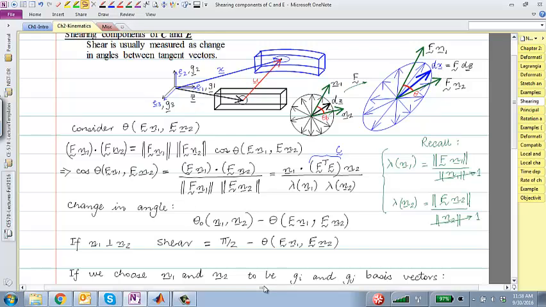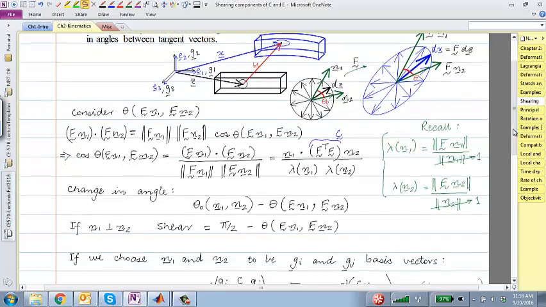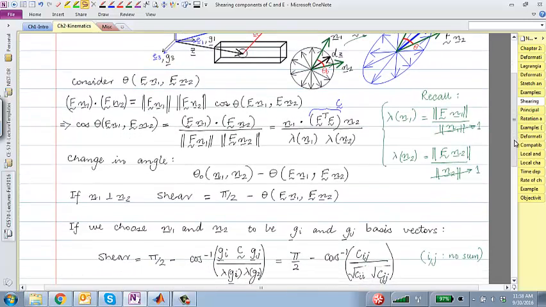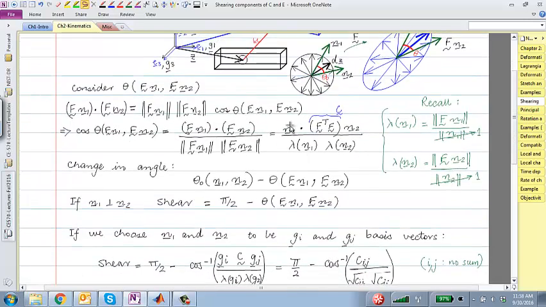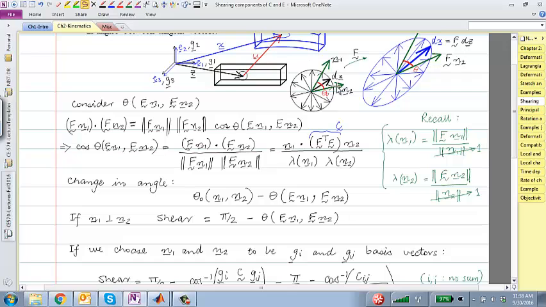If I now measure the change in angle, which is, if the initial angle was theta naught and the final angle is theta, theta naught minus theta, that can be obtained using this expression.